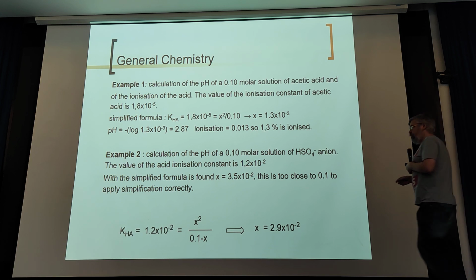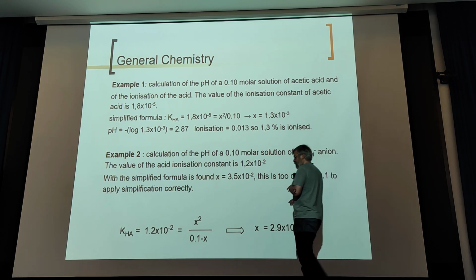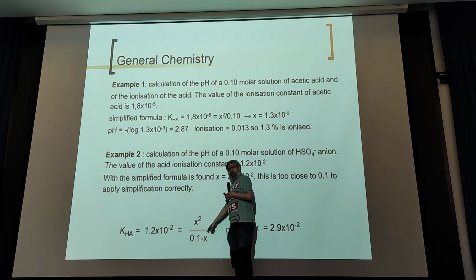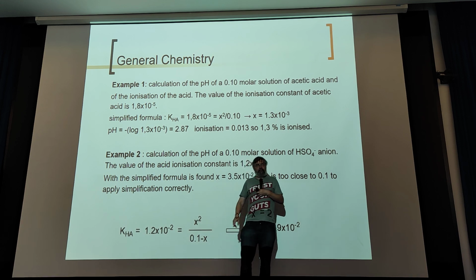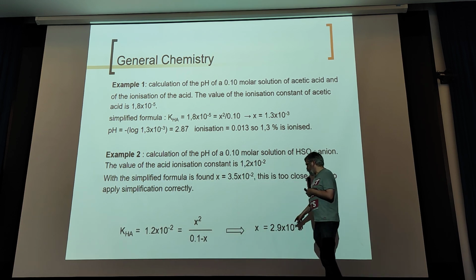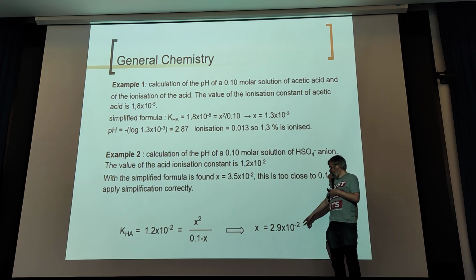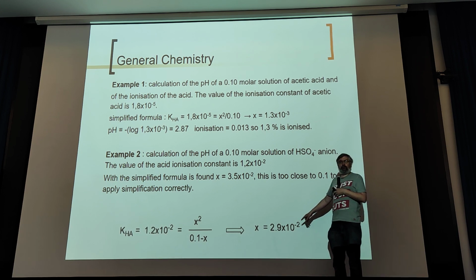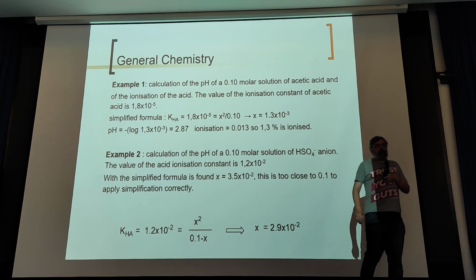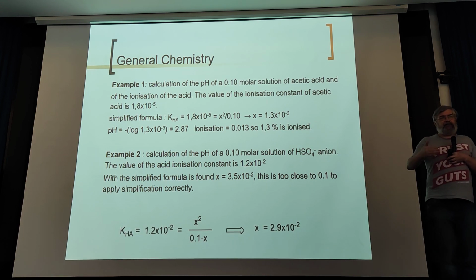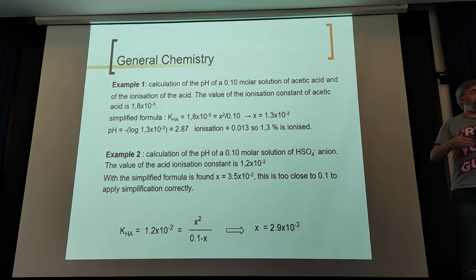What you do, you put it in again. Next time your value will be the correct one, 2.9 10 to the minus 2. In fact, you should repeat this until you have a value that doesn't change anymore. That is why it's called a stepwise method.